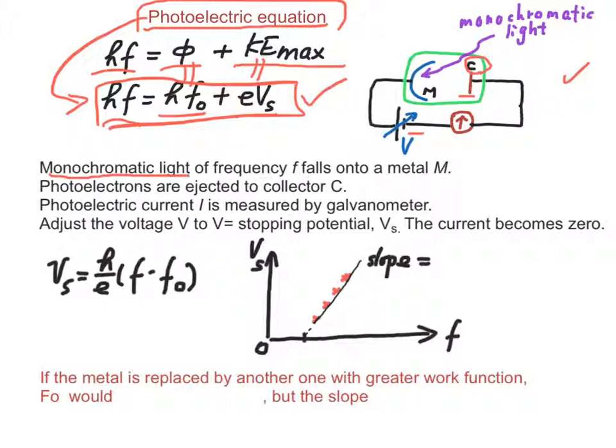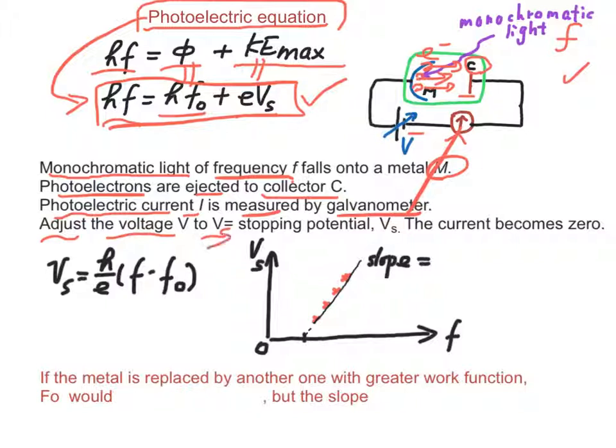When monochromatic light of frequency f falls onto the metal M, photoelectrons are emitted to collector C. Photoelectric current I can be measured by the galvanometer. Adjust the voltage V to Vs, which is the stopping potential. The current becomes 0.